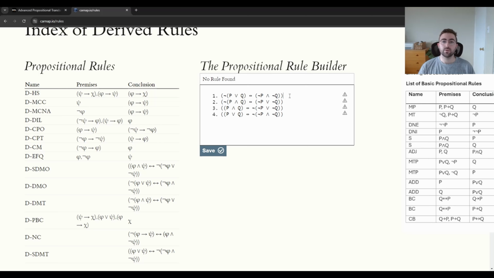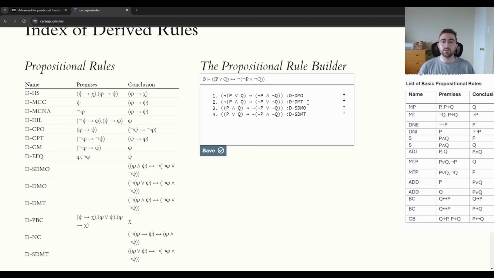So, all right, you'll see this is what I'm calling D-DM1, and this one D-DM2, and then these I call S-DM1 and S-DM2.